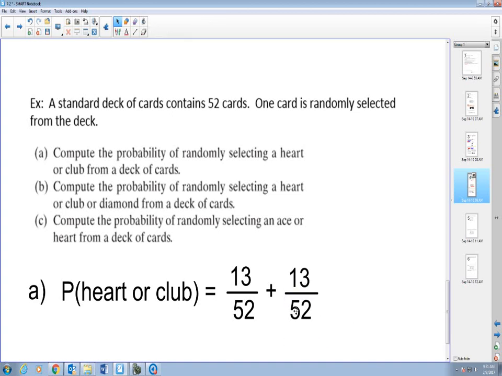If you know your cards, you know this answer eventually will be a half, because these 2 suits cover half of the deck, because the deck only has 4 suits. So 13 plus 13 will give me 26 out of 52, which results in a half.